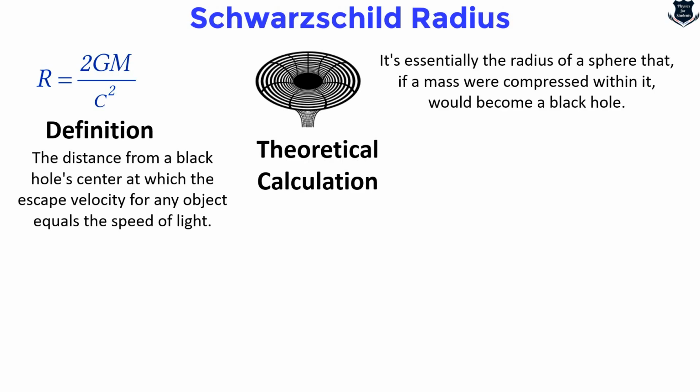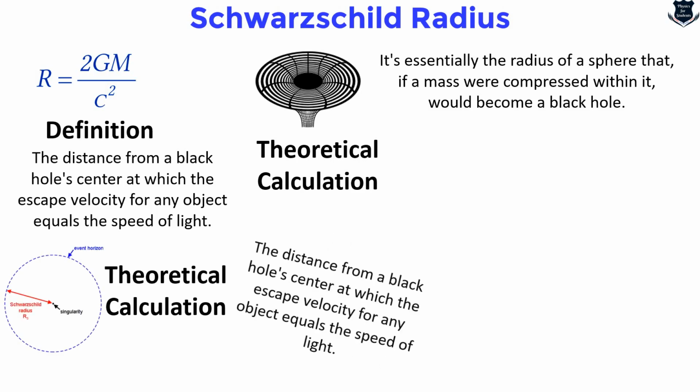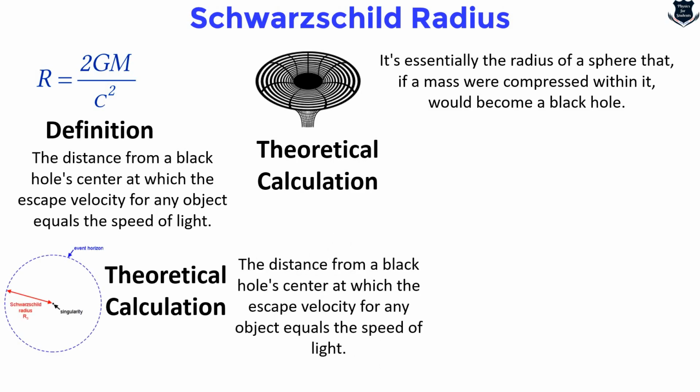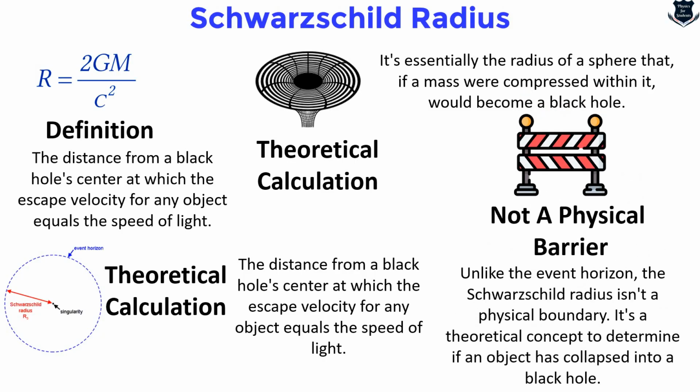So it is basically used for a theoretical calculation: the radius of a sphere such that if a mass were compressed within that radius, it will become a black hole. It is the distance from a black hole center at which the escape velocity for any object equals the speed of light. And remember that it is not a physical barrier, it is just a mathematical calculation which was named after the brilliant German mathematician Karl Schwarzschild.